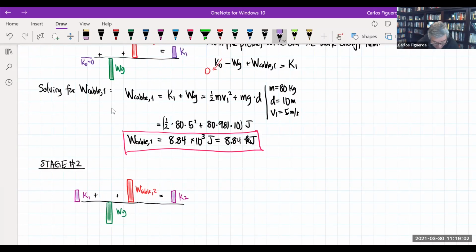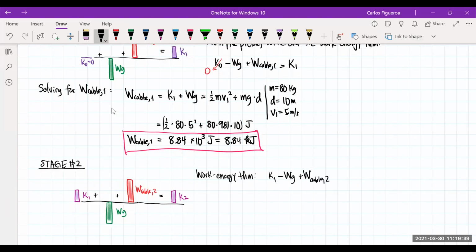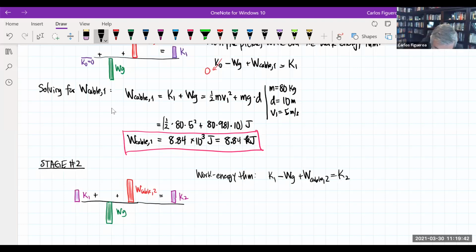So picture-wise, if I have an equation and I see that K1 and K2 are exactly the same, that doesn't do anything, right? I'm going to use the work energy theorem again. And this is what it says. It says K1 is positive, I get negative the work of gravity, I get positive the work of the cable, and that has to equal K2.